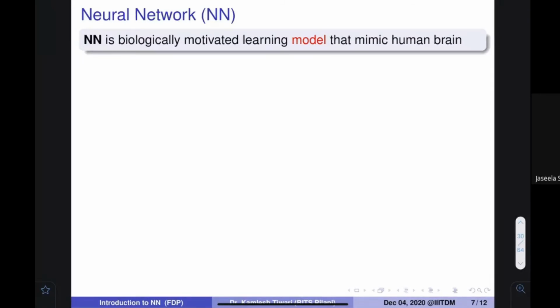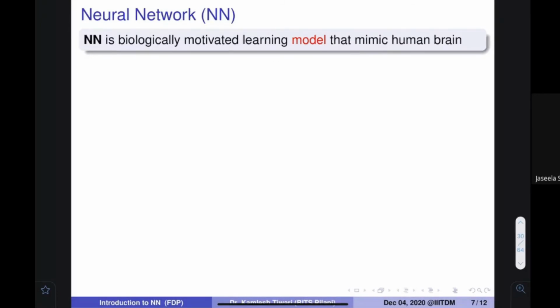People actually wanted to make the computer system in such a way, because ultimately the objective of artificial intelligence is to make an intelligent system, and we think that humans are intelligent. So naturally people would think that the way in which the human brain is provisioned, in the same way, why don't we also provision our computer systems?